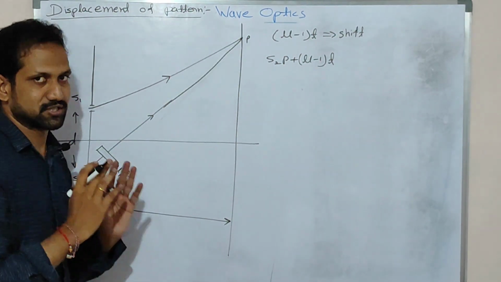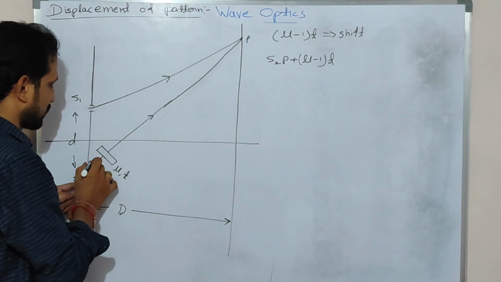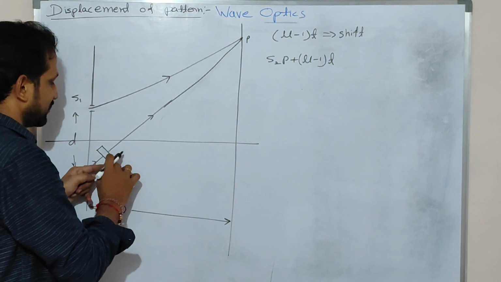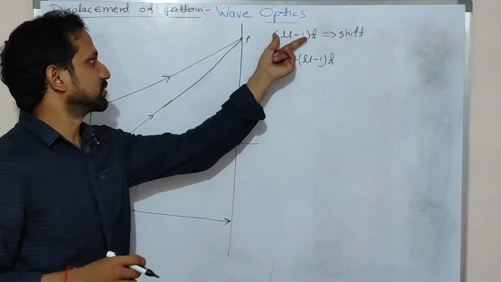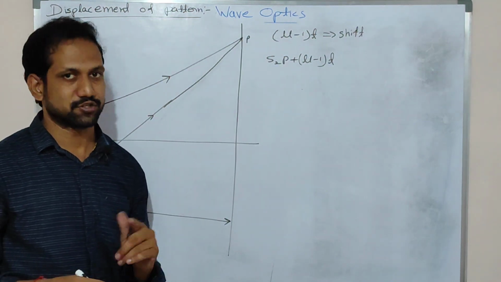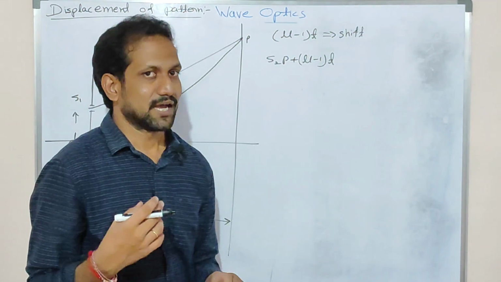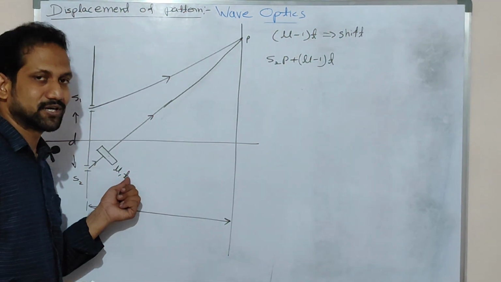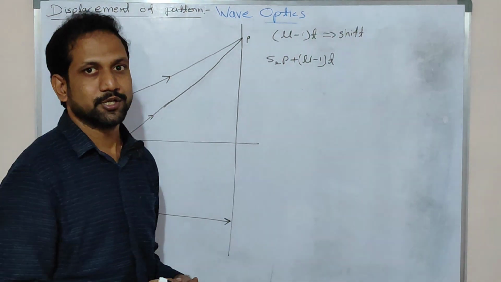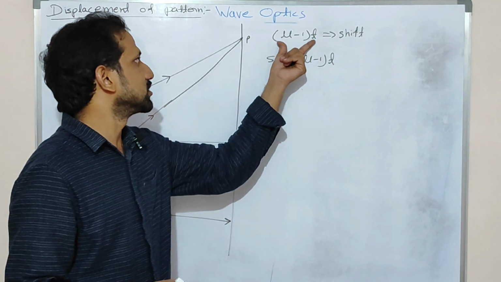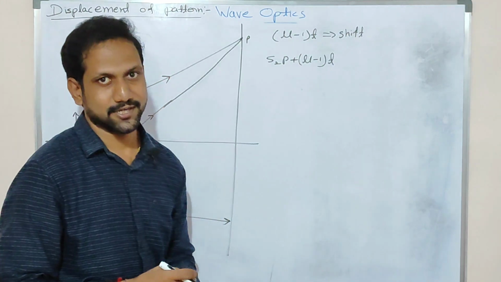But whenever light propagates through this medium, it will experience a shift. That shift is nothing but the difference between optical path and actual path. I told you already, optical path is mu times the actual path. Actual path is the thickness t, so optical path is mu t. Mu t minus t is mu minus 1 into t. So this is the shift, the extra distance that light has traveled.